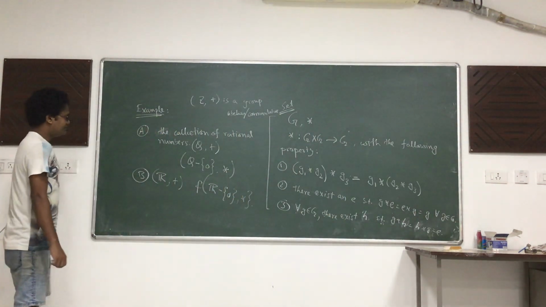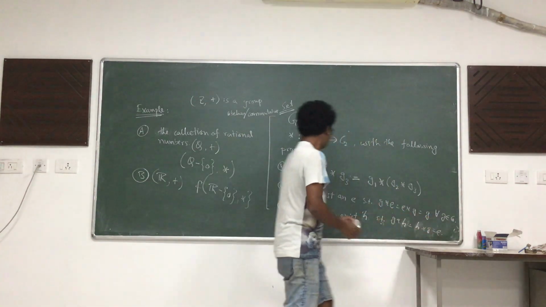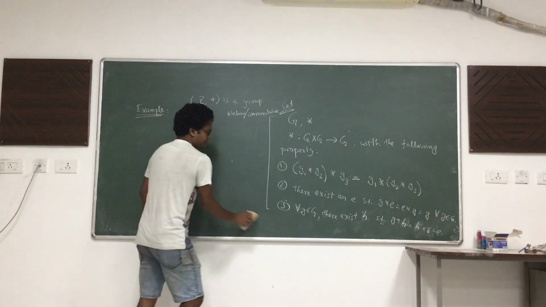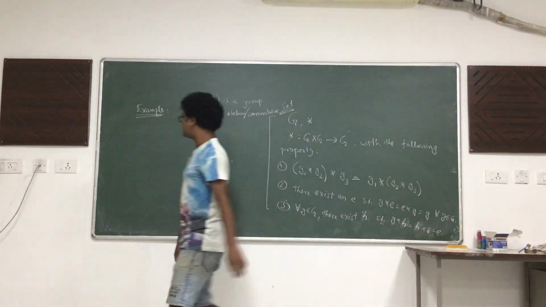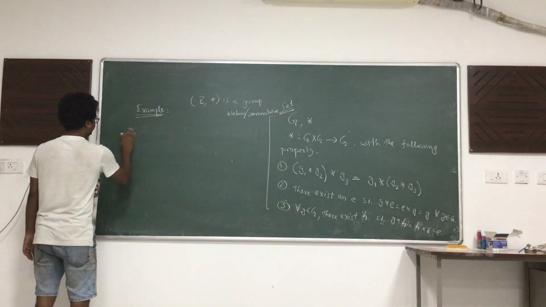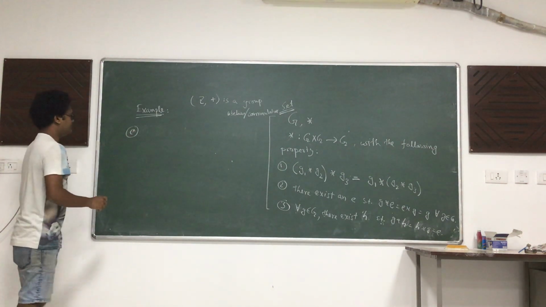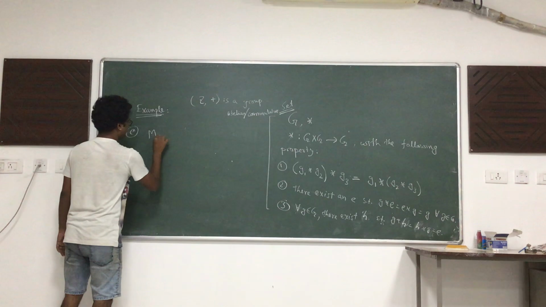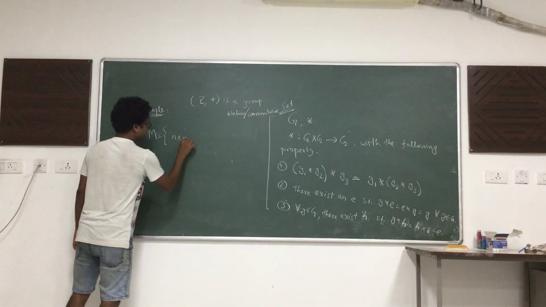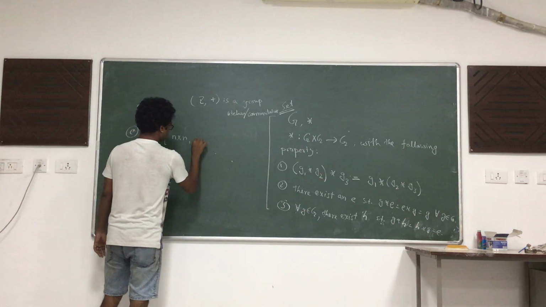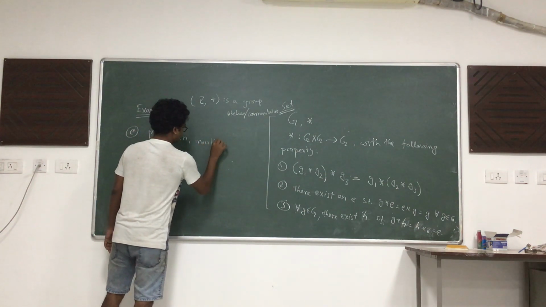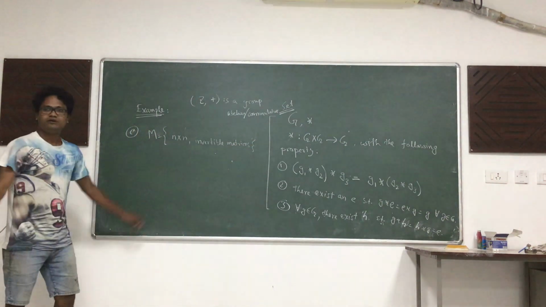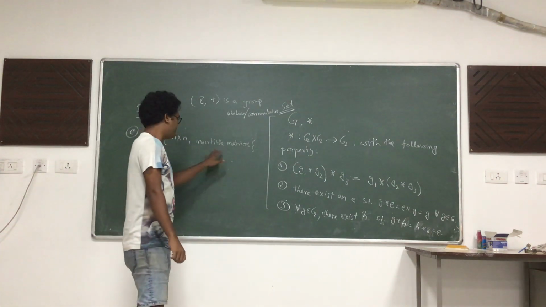Okay, these are simple groups, and now let us come to example C. Let M be the collection of all n cross n invertible matrices.